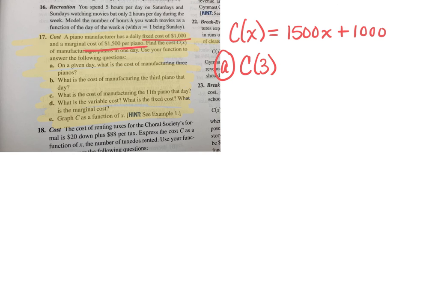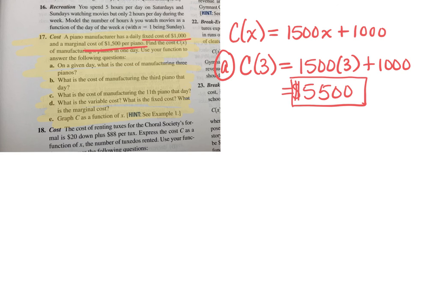So you said you find C of 3. So what do we do? It'll be equal to what? 5,500. What is our unit here? Dollars. Good. We're talking about money. That's our cost. So that's part A. Good. What questions do you have here?